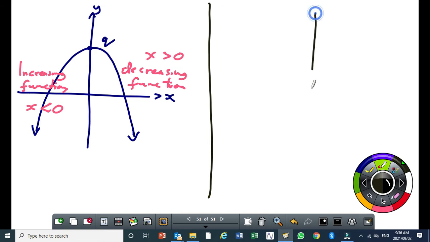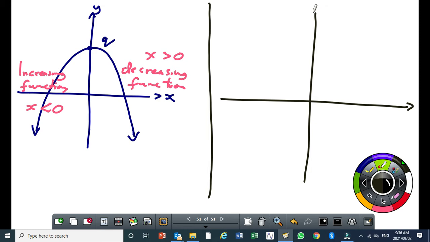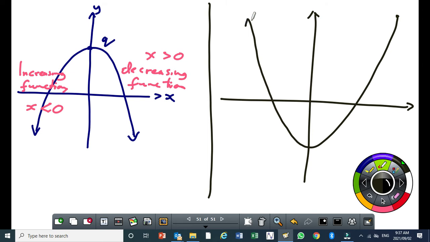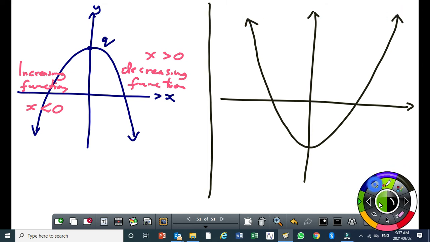If I draw the one with the minimum turning point, obviously we're going to have a q value there, which is going to be negative.